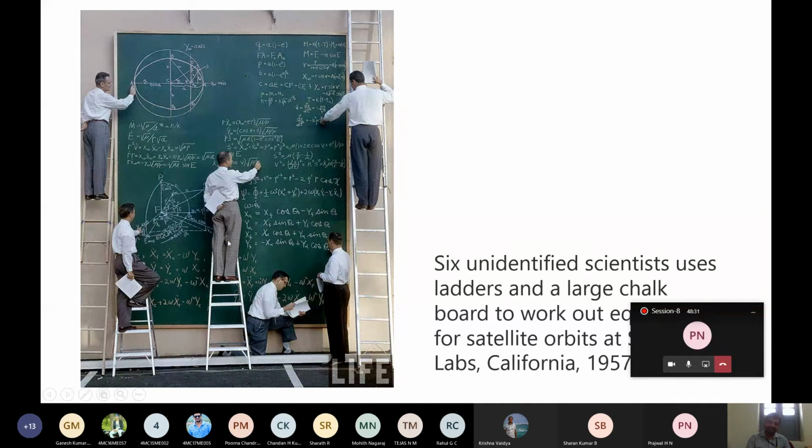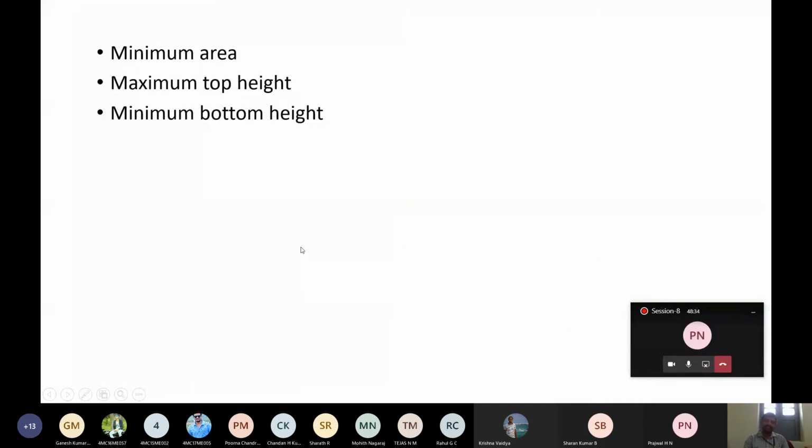These are the specifications: minimum area required, then maximum top height which teachers can reach, and minimum bottom height which teachers can reach.